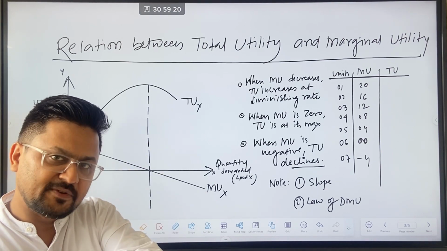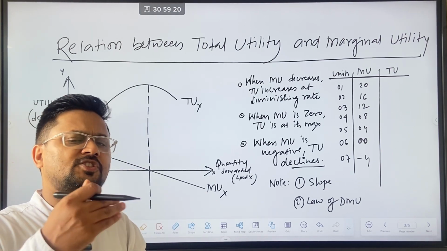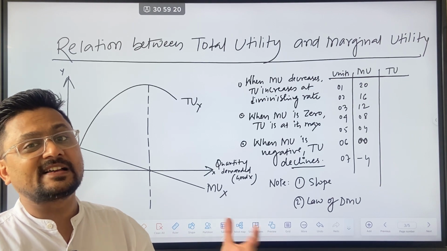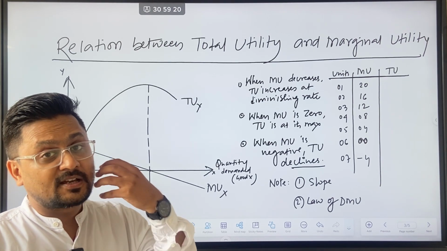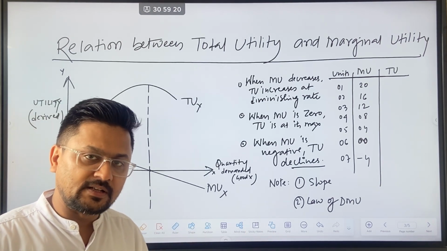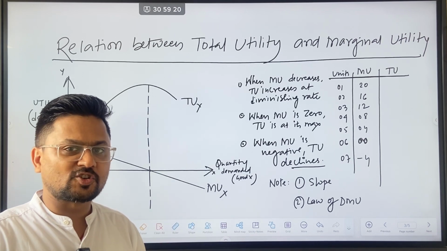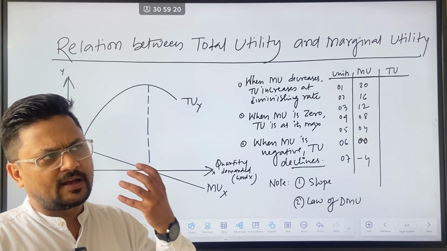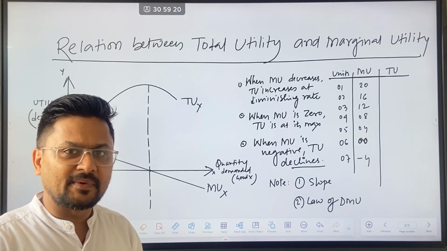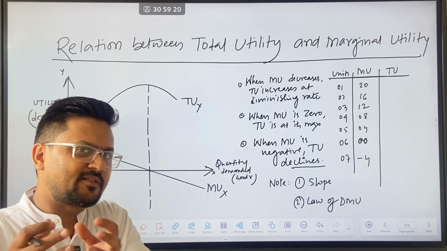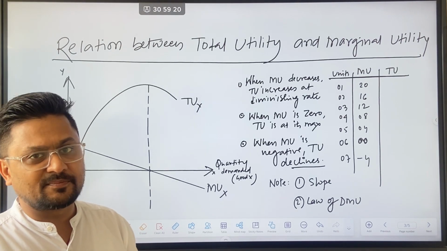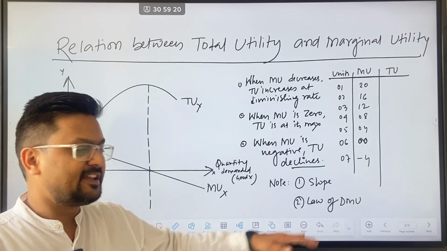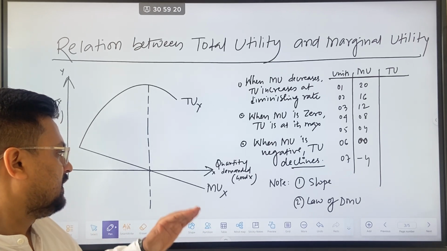This is the law of diminishing marginal utility, which is based on various other assumptions: the consumer must be rational, the consumption is taking place in a short interval of time, and the price of the commodity remains constant. These are a few basic fundamental assumptions on which the law of DMU is based.